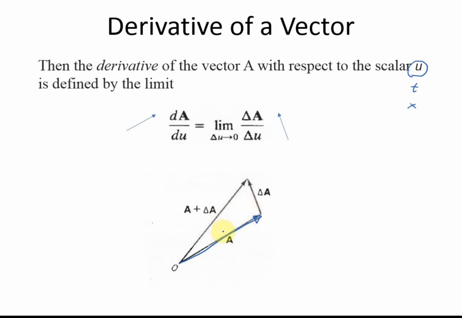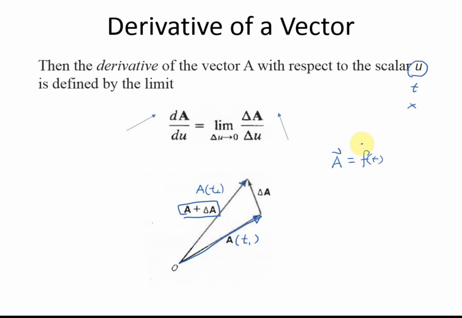So for example, a certain time later, your vector becomes this one. So let's say at t1 the vector is here, but at t2 the vector becomes like that. It just moves like that. So a vector is a function of time.